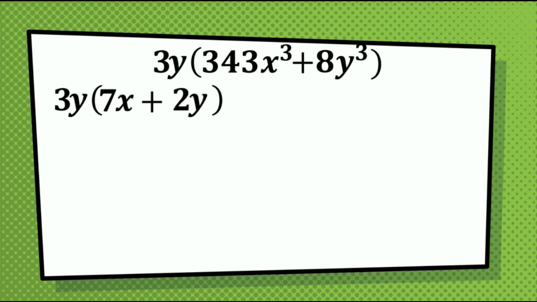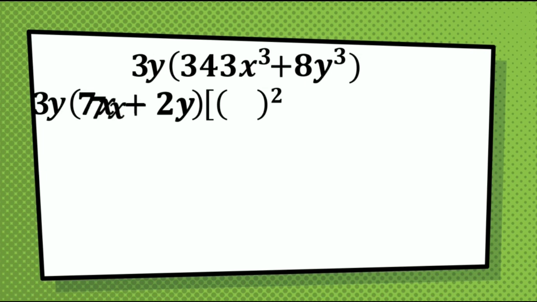And then let us have the trinomial factor. Let us square the first term of the binomial factor, and that is 7x. And then get the opposite sign of the binomial factor, that is negative. Multiply the terms of the binomial factor.